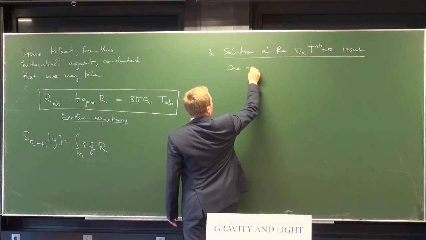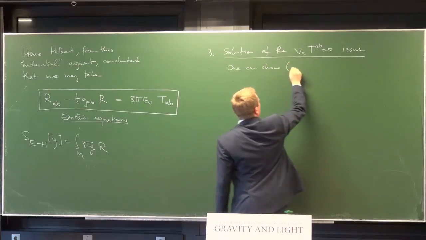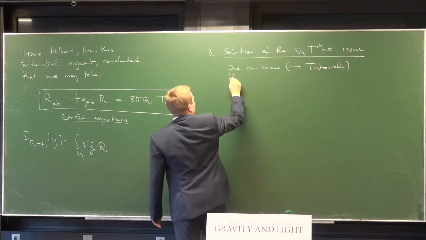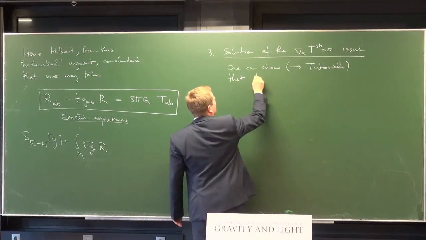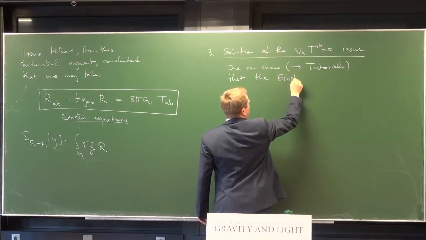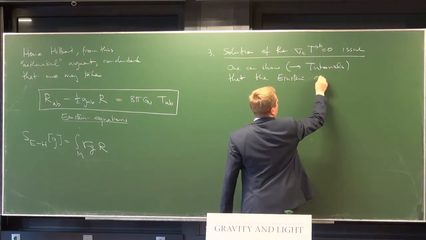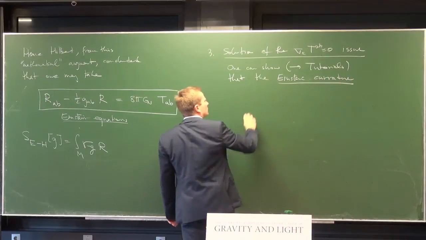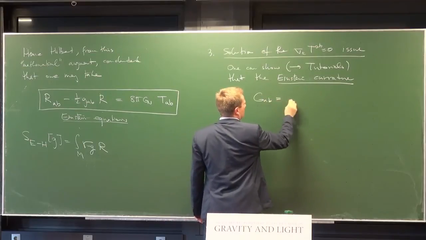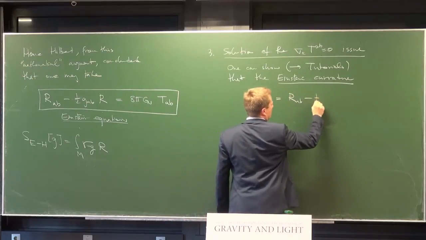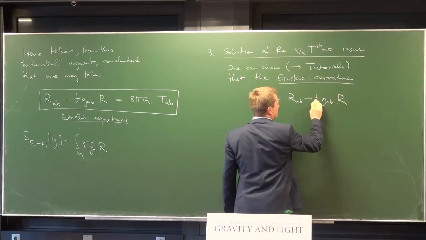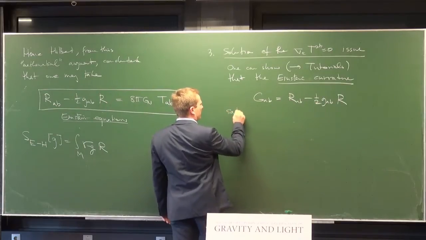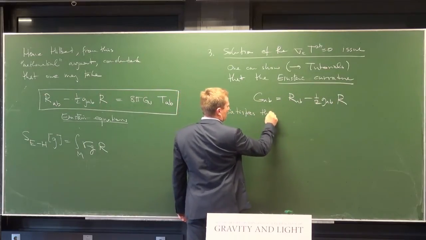One can show, in fact you will show in the tutorials, that this so-called Einstein curvature, which is this 0-2 tensor G_AB equals R_AB minus 1/2 g_AB R, so exactly the left-hand side of the Einstein equations, satisfies the so-called contracted differential Bianchi identity.